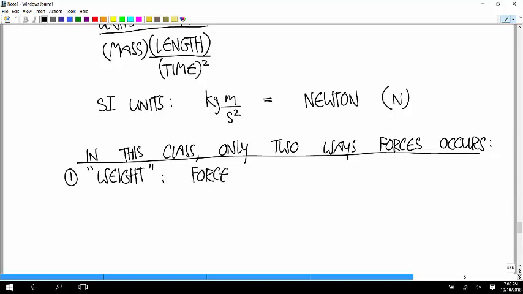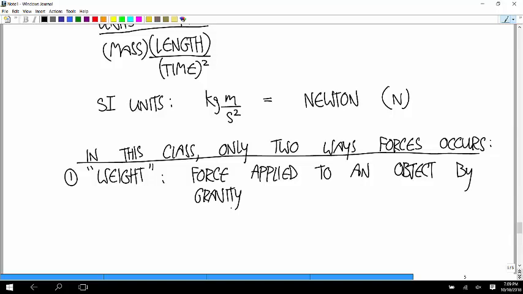That's the force applied to an object by gravity. And the only other way a force can occur is when an object is in contact with another object.